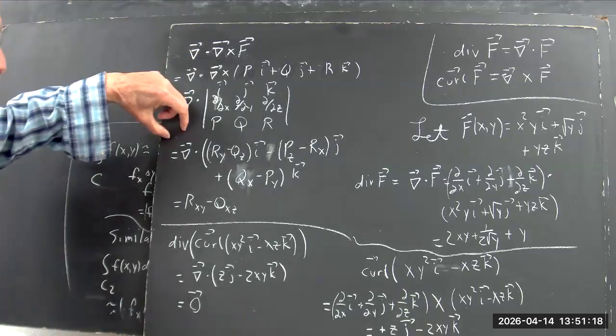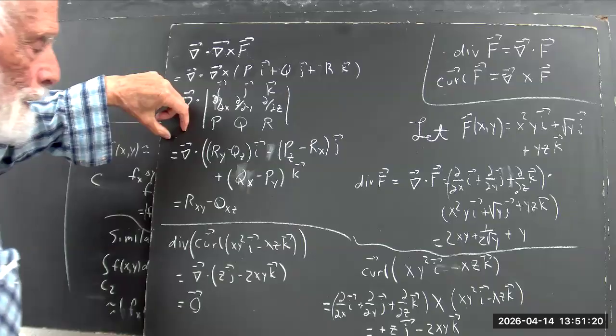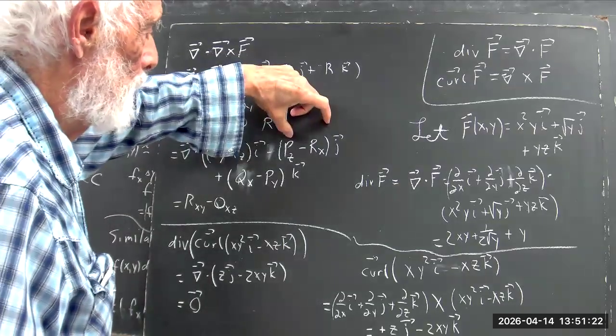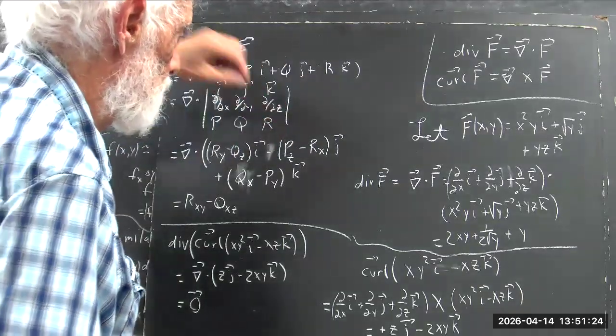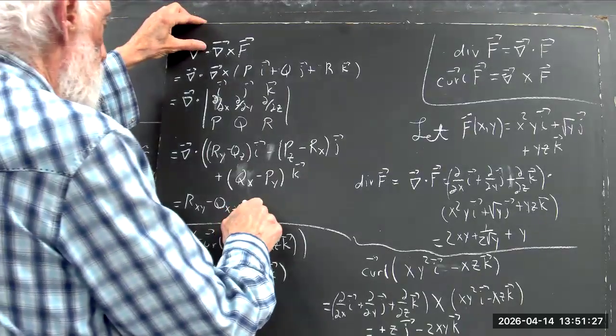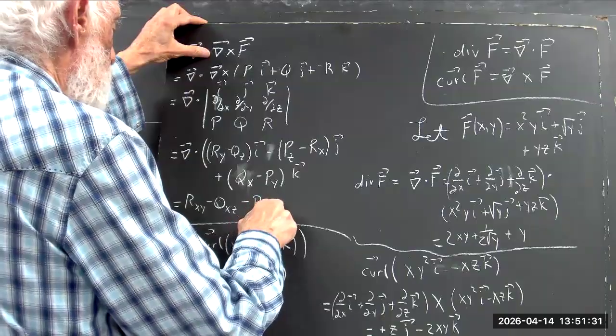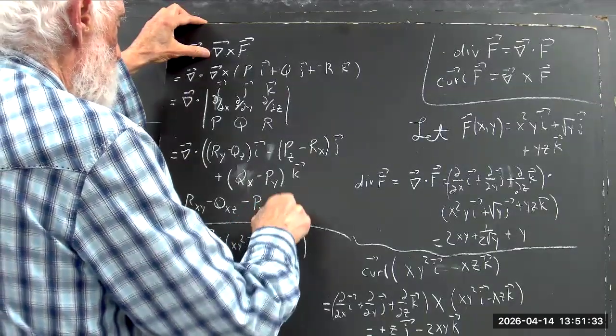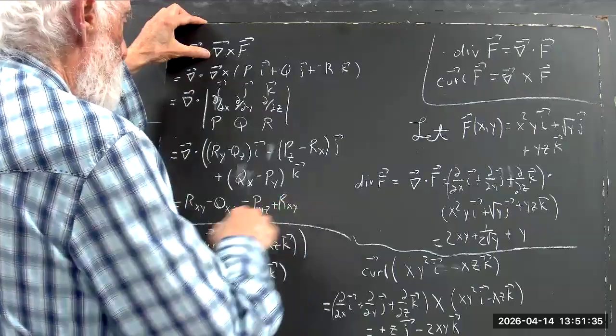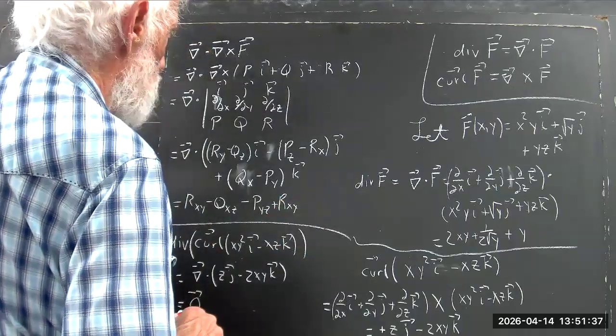And then the partial with respect to y j dotted with P z minus R x j is going to be negative P y z plus R x y. And that's wrong.